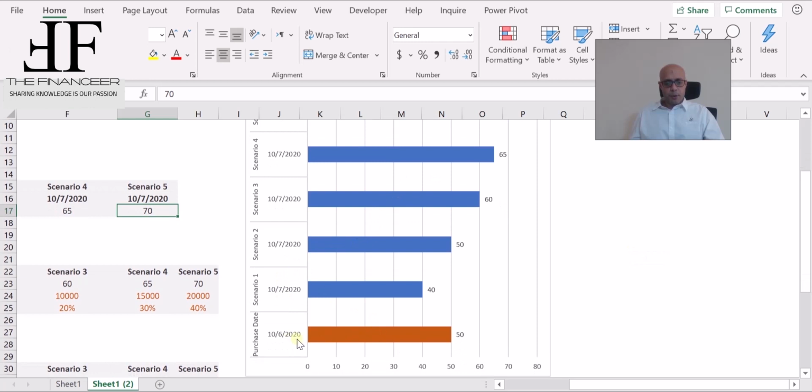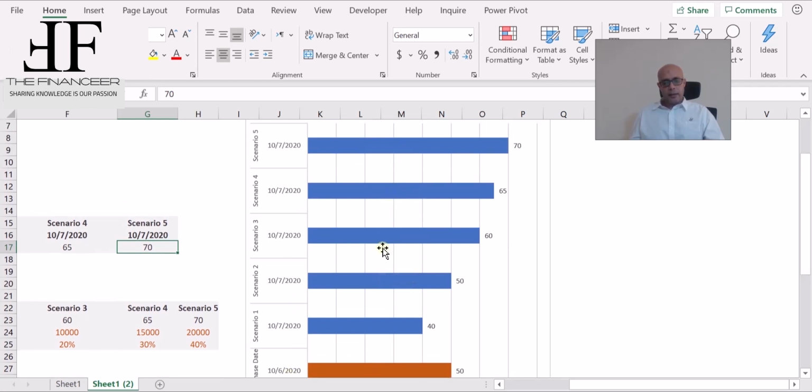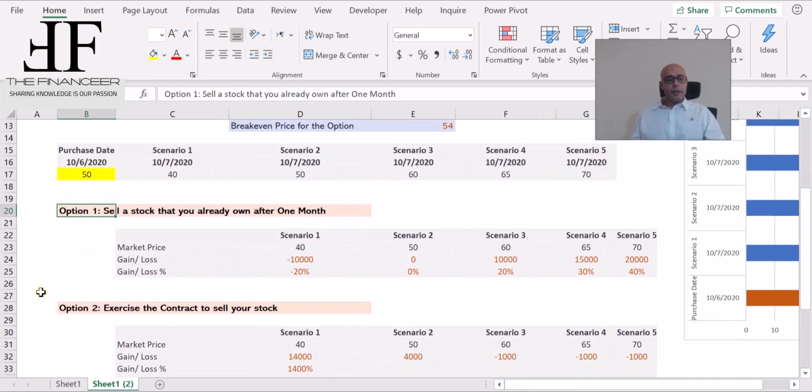This is the purchase price, as you can see here, $50. So we have all of these different scenarios during the same period in order to calculate the gain and loss for each one. Now, let's compare between two things. If you didn't sign the put option, and you have the stock and you are going to sell it in the market, so you don't have any option, we need to calculate the gain and loss here. Assume that you are working the traditional way of investment without signing any put option.